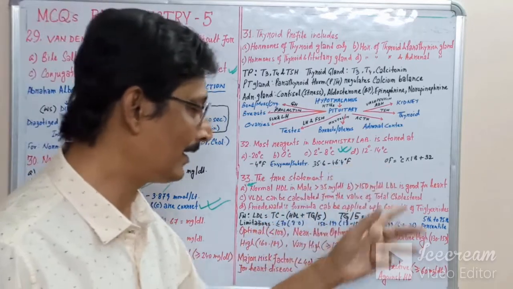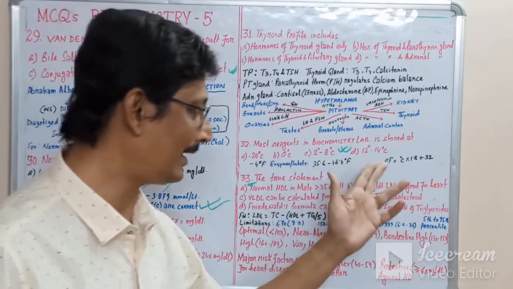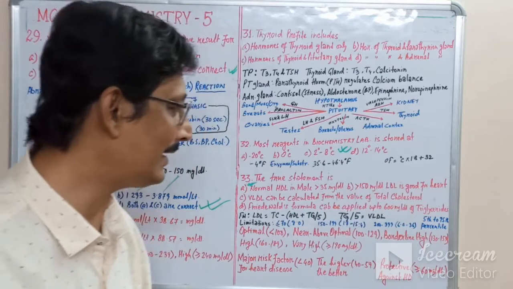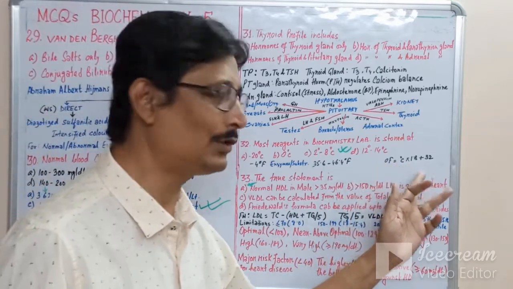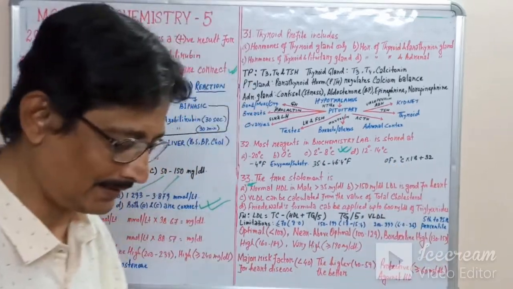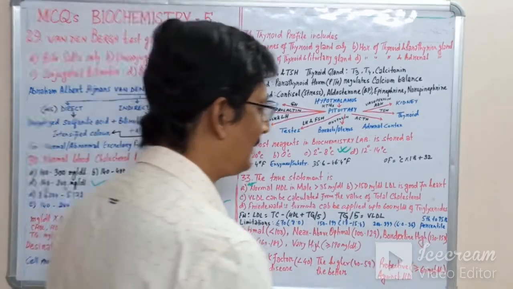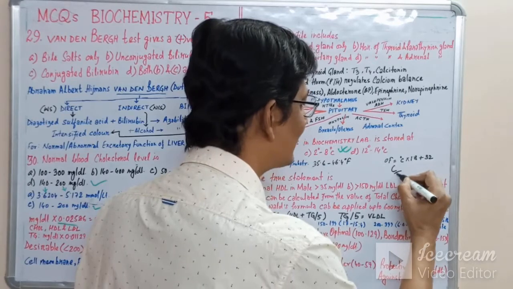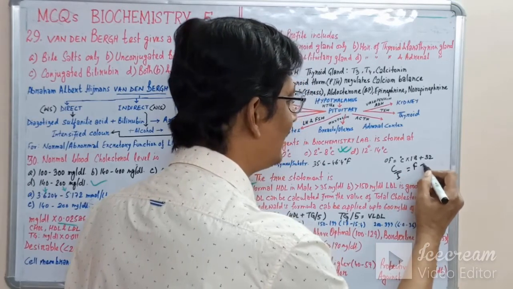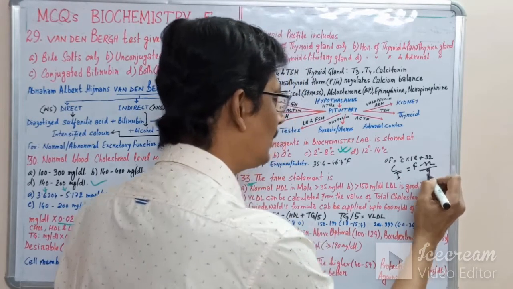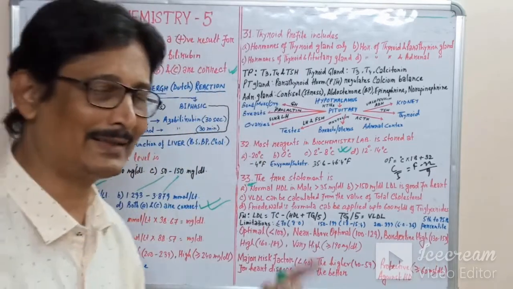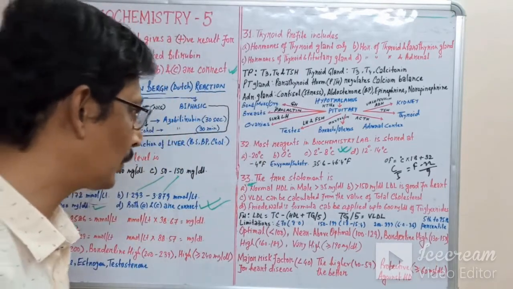To convert degree centigrade to Fahrenheit, multiply by 1.8 and add 32. All of you know the formula: C by 5 is equal to F minus 32 by 9. So this is the formula to convert centigrade to Fahrenheit or Fahrenheit to centigrade in both ways.